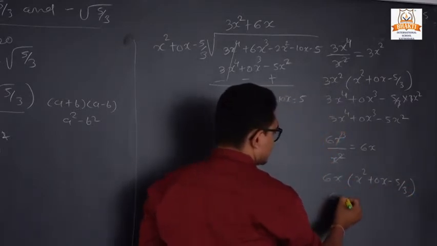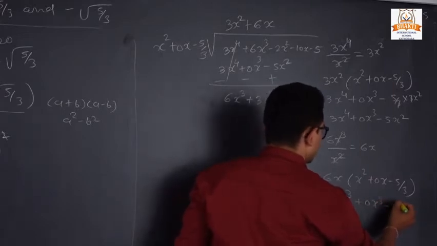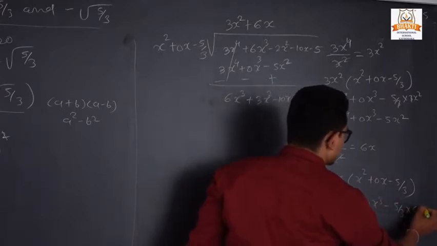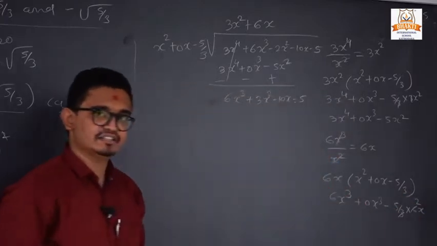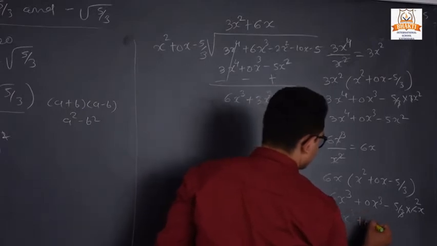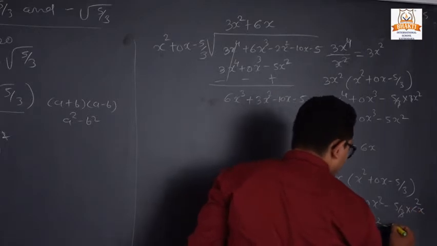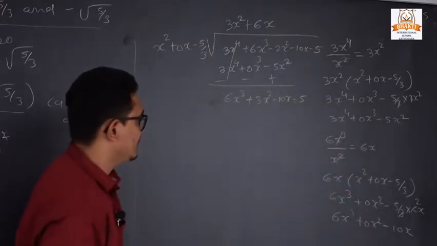So it will be 6x³, then 0x², then minus 5/3 into 6x: 3 twos is 6, so 5 twos is 10x.